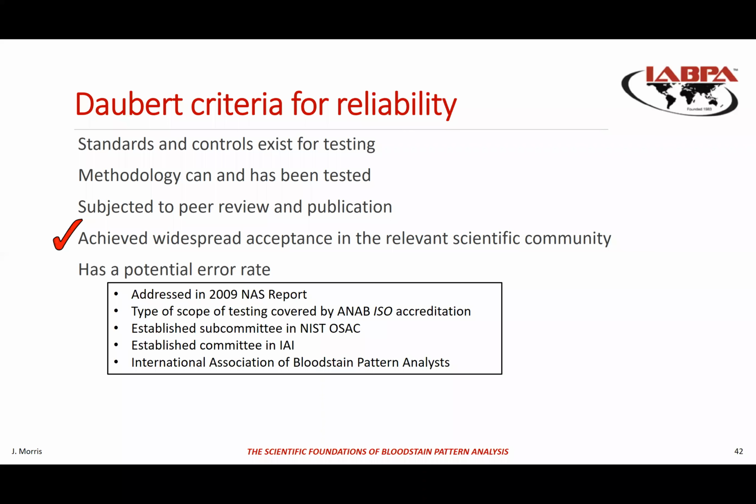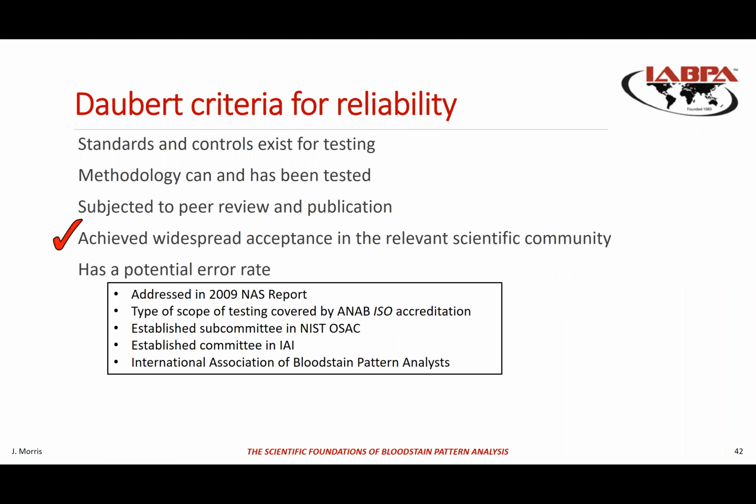It was addressed in the 2009 report by the National Academy of Sciences. We had the Scientific Working Group of Bloodstain Pattern Analysis that was sponsored by the FBI. Accreditation bodies have recognized BPA as a form of testing that can be accredited on someone's scope.